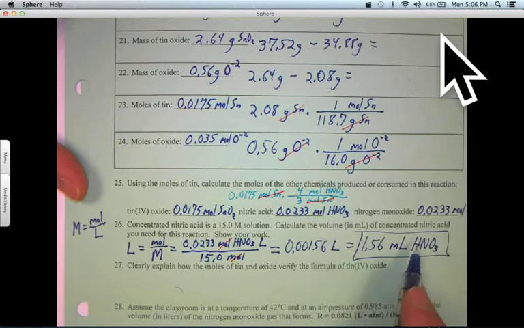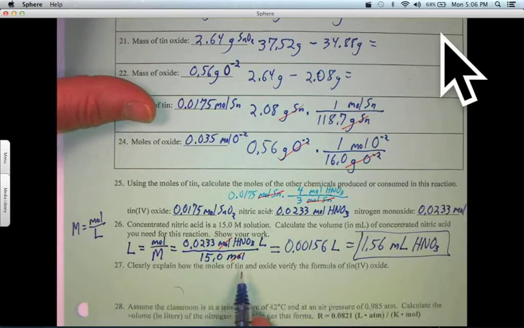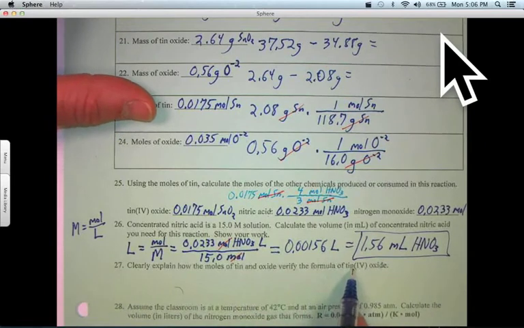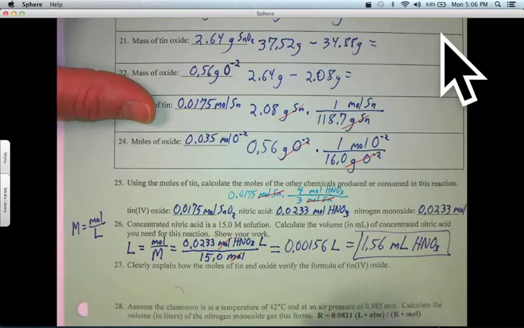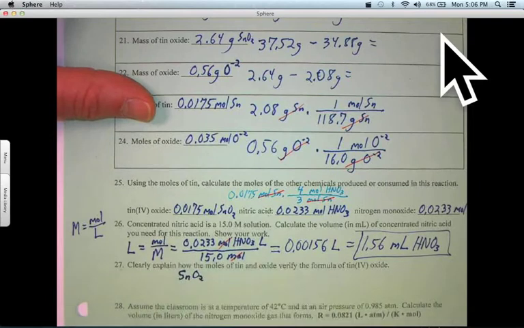Clearly explain how the moles of tin and oxide verify the formula of tin(IV) oxide. Tin(IV) oxide has a formula of SnO2, and we would expect the moles of oxide to be twice as many as the moles of tin.